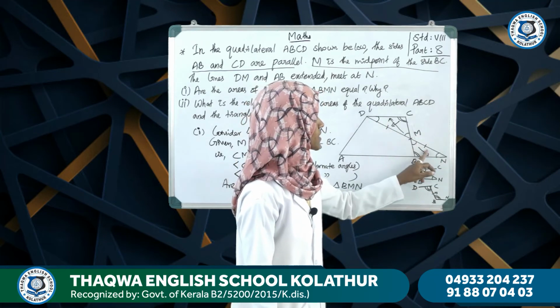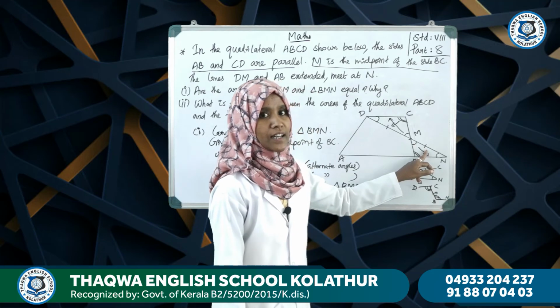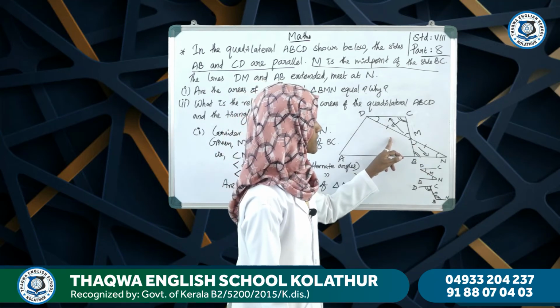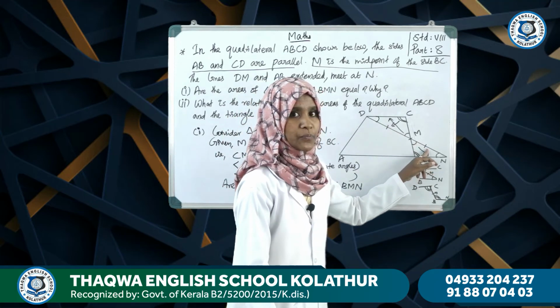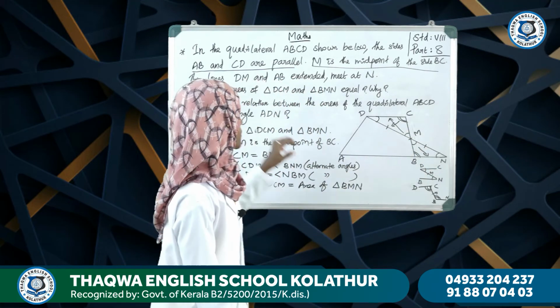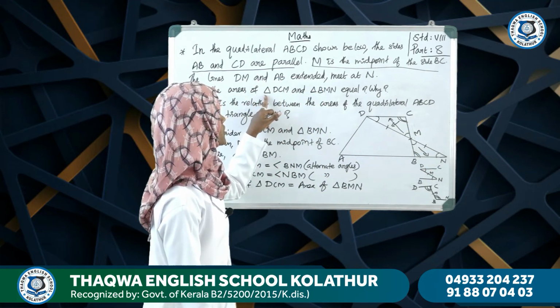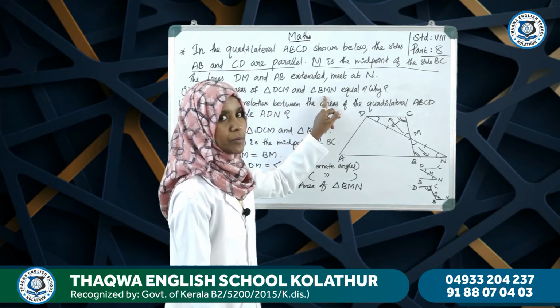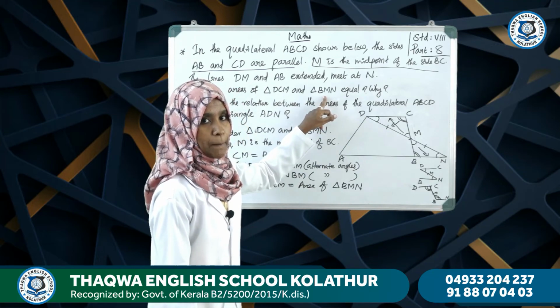So the three sides of these two triangles are equal. That is, we can say that these two triangles are equal. That's why the areas of triangle DCM and triangle BMN are equal.